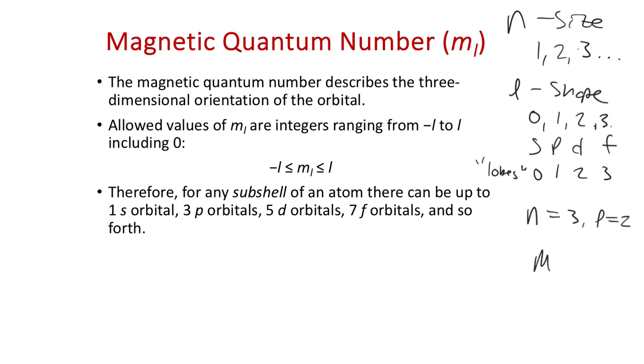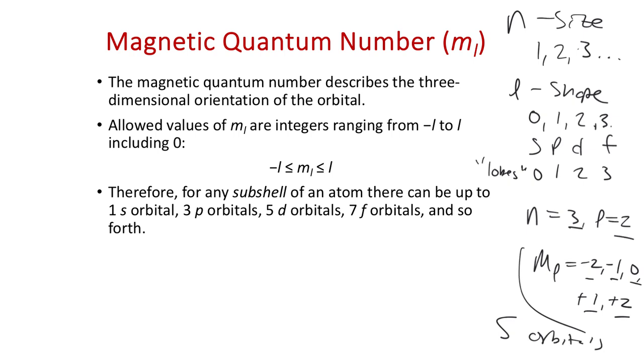Then the M sub L could range from minus 2 to minus 1 to 0 to plus 1 to plus 2. That would be 1, 2, 3, 4, 5 different M sub L values. So we would have 5 different orbitals that could have that L equals 2 number when n is equal to 3.